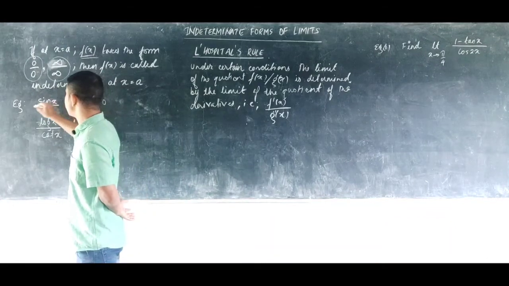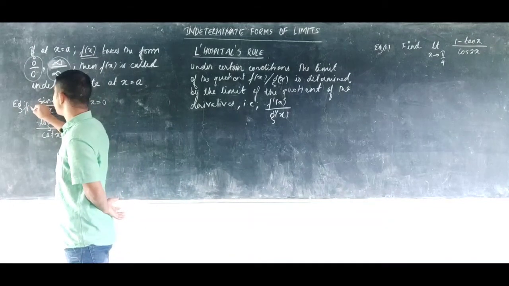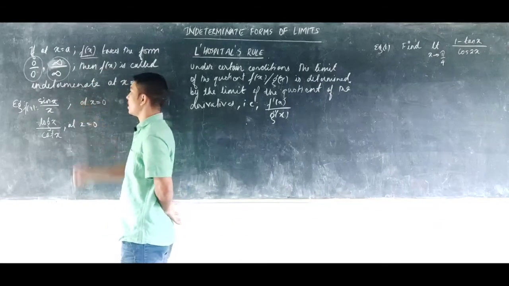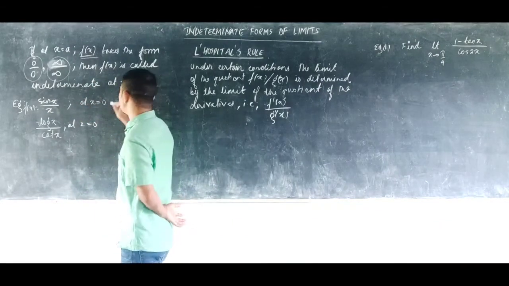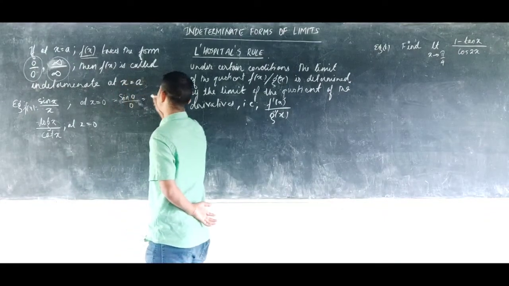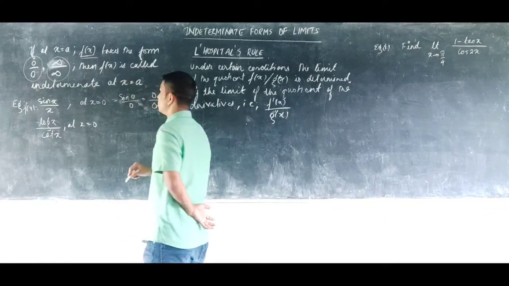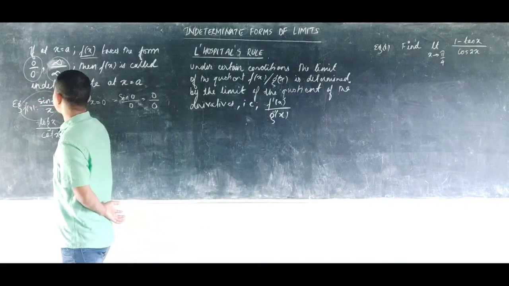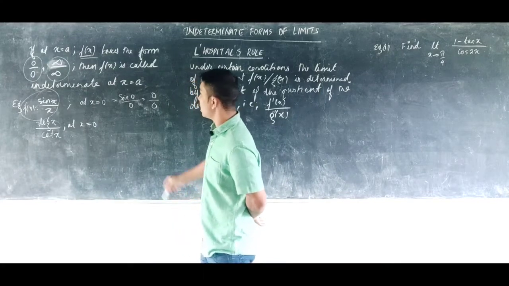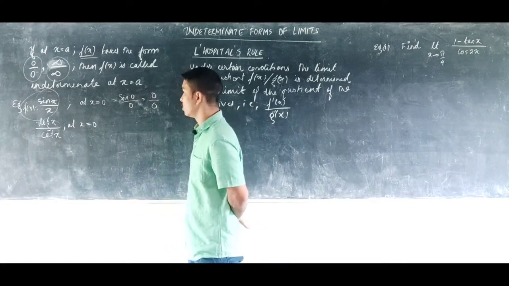For example, if I have the function f of x is equal to sin x divided by x. Now if I substitute the value of x equals 0 in the given equation, I will get sine of 0 divided by 0. Sine 0 is 0, so 0 by 0. Thus I can say that the function f of x, that is sin x divided by x, is indeterminate at x equals 0.